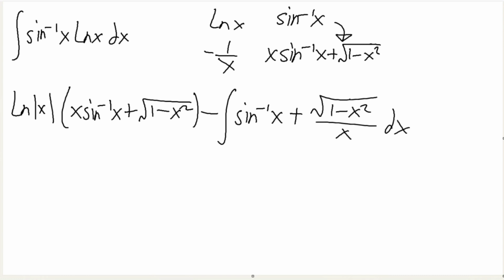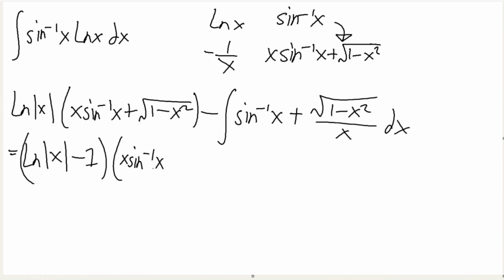So now all I have to pay attention to is this portion. Here you could just factor it, because this is just this, so you can go like this. Right, this is a minus 1, because it's the same integral.